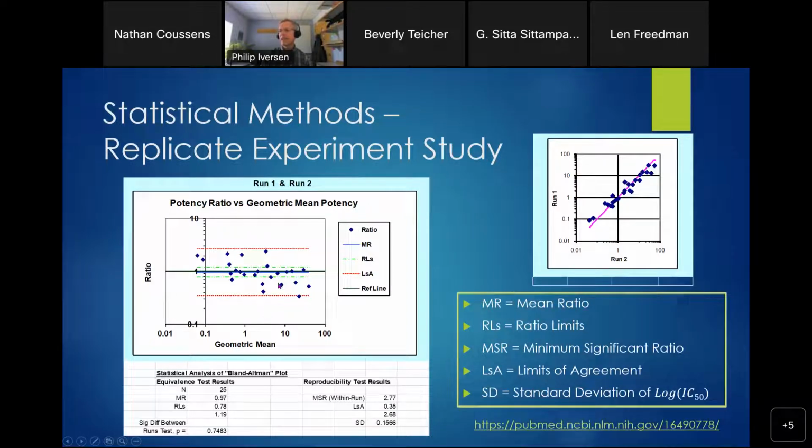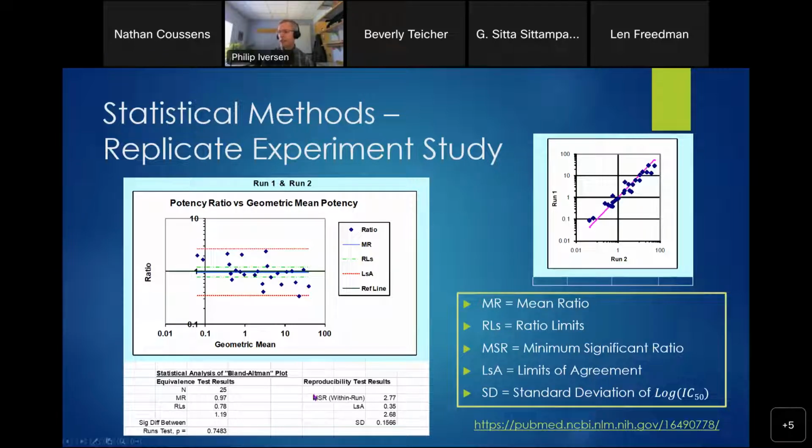That's measuring the spread across the individual compounds. And we have a criterion for that, that the limits of agreement should be between 3 and 1/3. So no more than 3-fold variation in a 2 standard deviation margin in each direction. And this particular data set passes that criterion for the limits of agreement to be between 1/3 and 3.